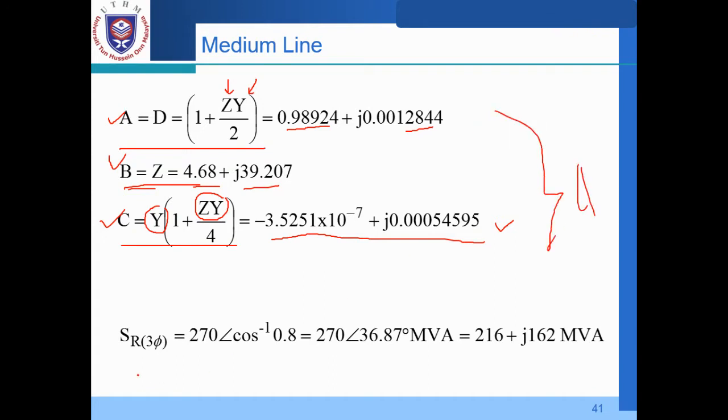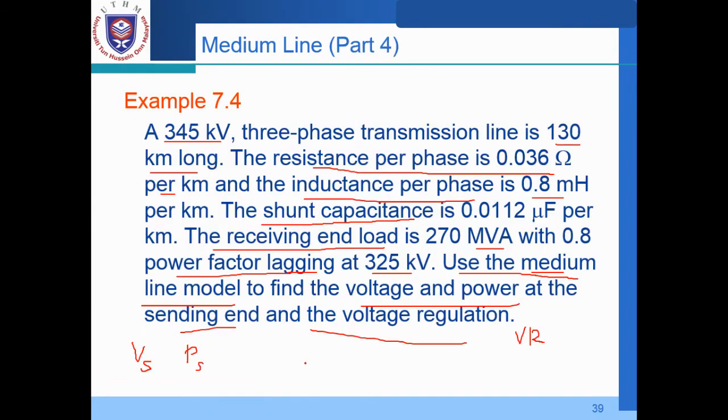So the receiving end apparent power, three phase, of course, is 270 MVA at an angle of cos inverse 0.8, from the equation. It is 270 MVA with 0.8 power factor lagging.